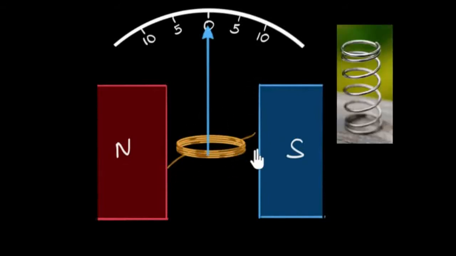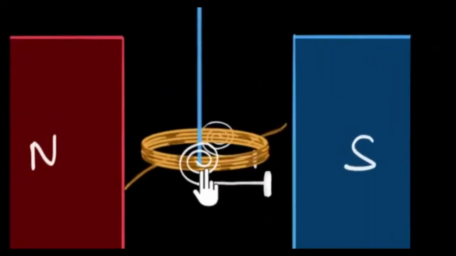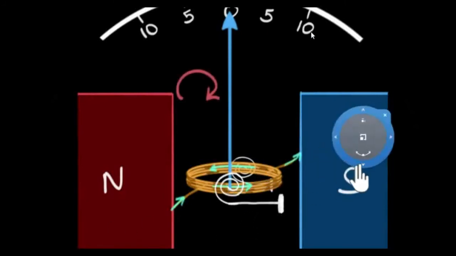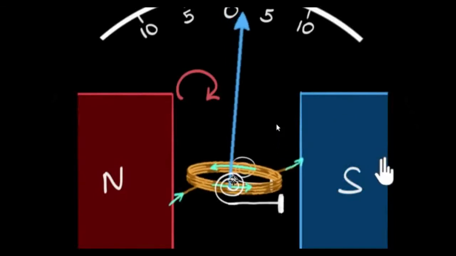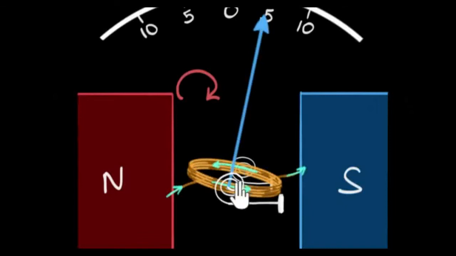So if we attach a spring like this to this coil, it can control the rotation of the coil. This spring exerts a counter force over this coil, so that by the time the needle reaches the division 10, the counter force is maximum and it can stop the turning of the needle.